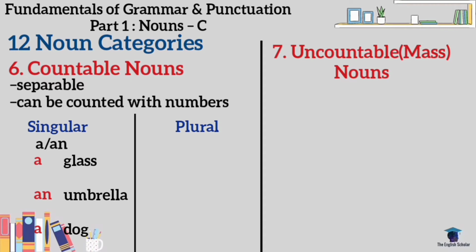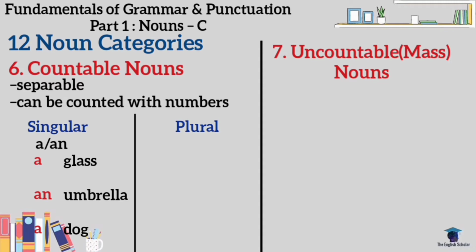Just like this. The word glass starts with the letter G, which is a consonant, therefore we used a. And for umbrella, the word starts with the letter U, which is a vowel, therefore we used an. And for the dog, it starts with the letter D, which is a consonant, therefore we used a.